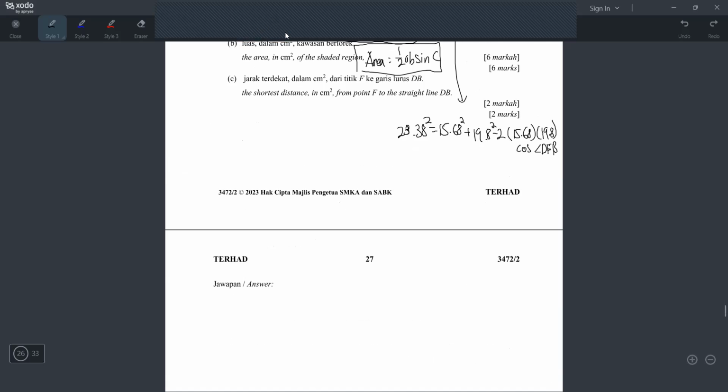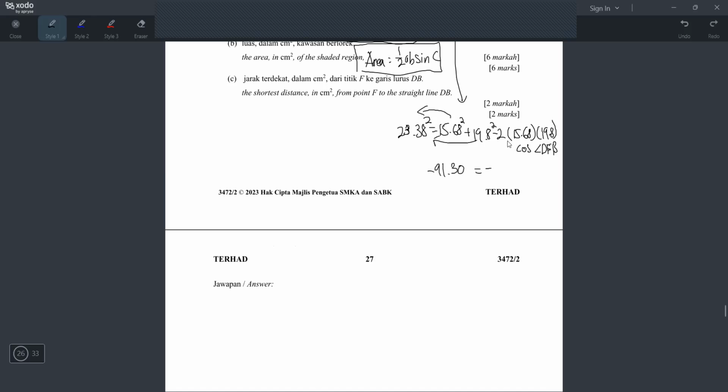So now what I will do, I will bring the 15.68 here and bring the 19.8 to the other side. It means I will press 23.38 square minus 15.68 square minus 19.8 square, all right? So I will get negative 91.30.